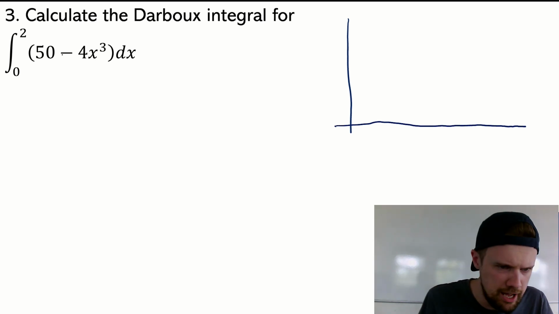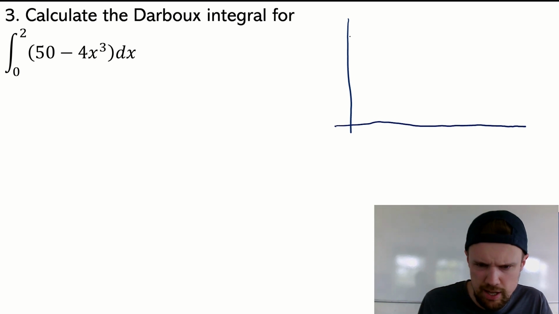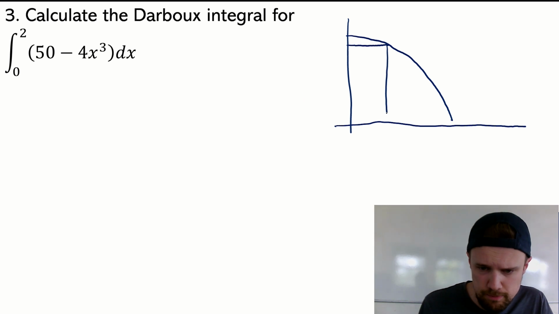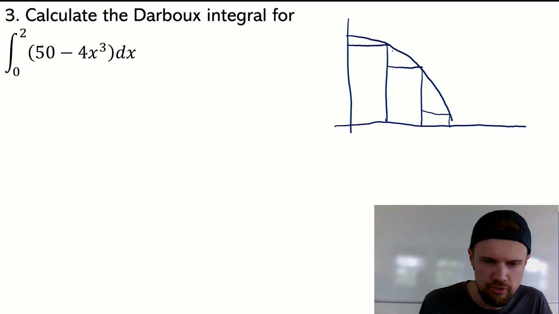We've got 50 minus 4x cubed. That would look something very roughly like this. Terrible drawing, but it'll do. Between 0 and 2. And therefore, if I was to draw my rectangles first of all like this, then that would be interesting because it would mean my rectangles are forming an area that's fully below the curve while still matching the curve in certain places.